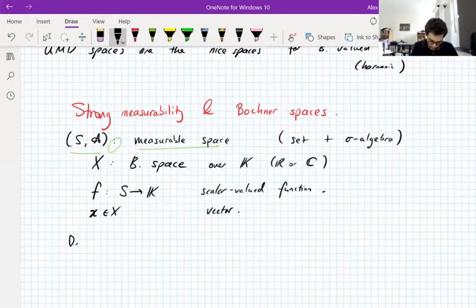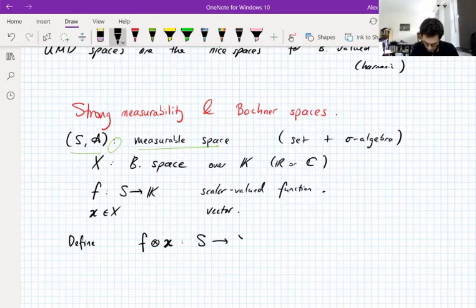And we define the most simple kind of Banach-valued function, write it as f tensor x, using this tensor notation. This is an X-valued function on the measurable space S.